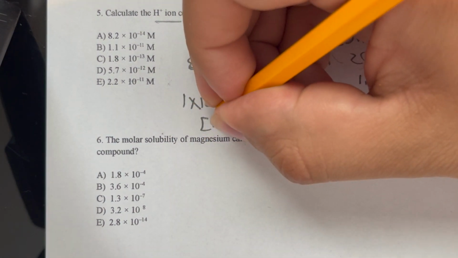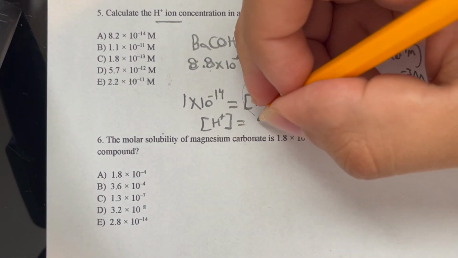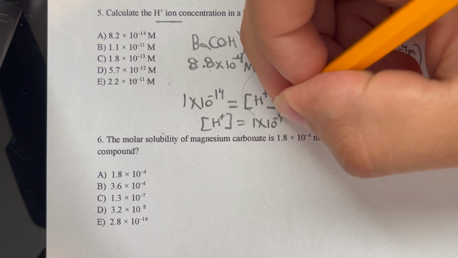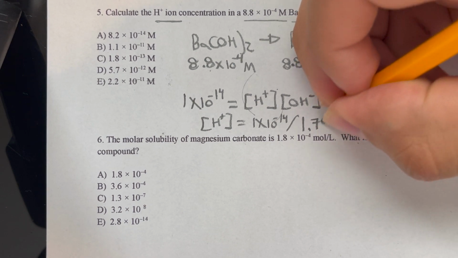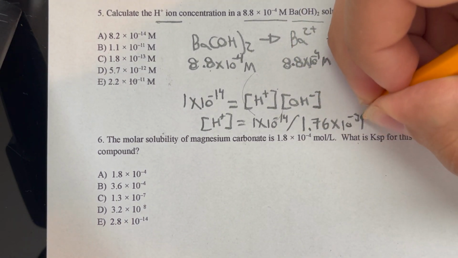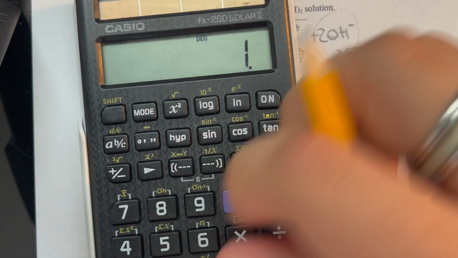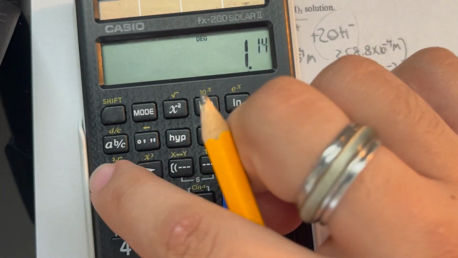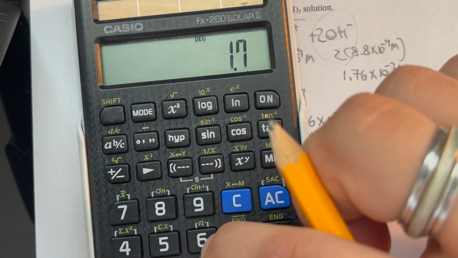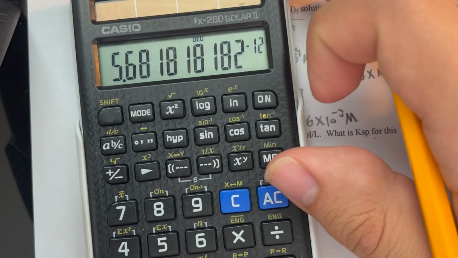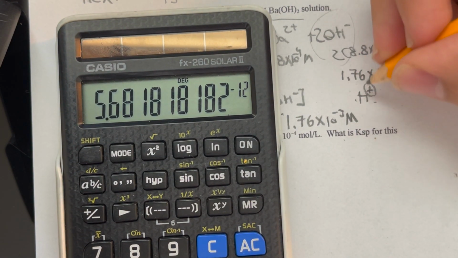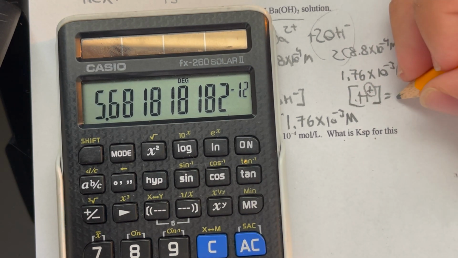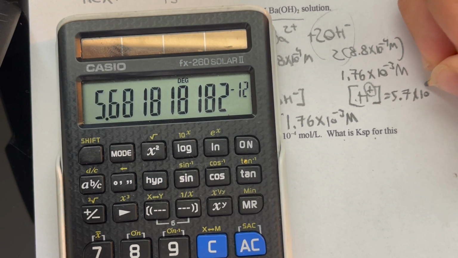So this becomes 1 times 10 to the negative 14 divided by the OH concentration. Okay, there we go. So we should get H ion is equal to 5.7 times 10 to the negative 12, which would be answer choice D.